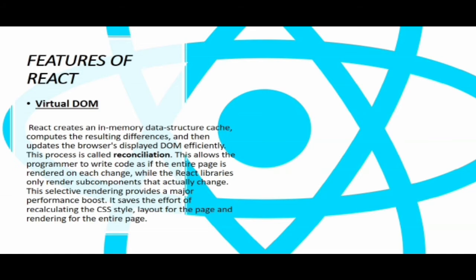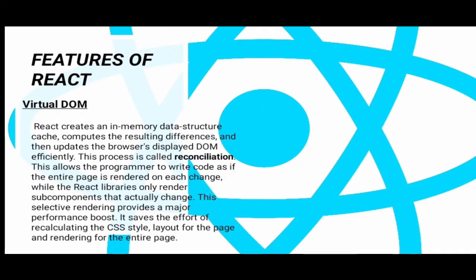This allows the programmer to write code as if the entire page is rendered on each change, while the React libraries only render subcomponents that actually change. This selective rendering provides a major performance boost. It saves the effort of recalculating the CSS style, layout for the page and rendering for the entire page.